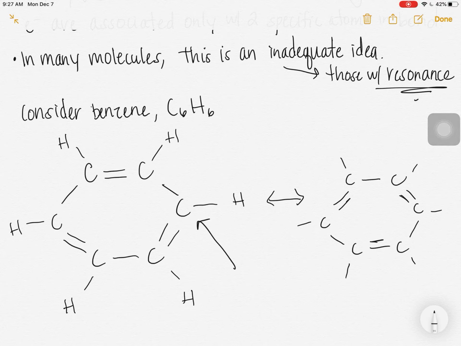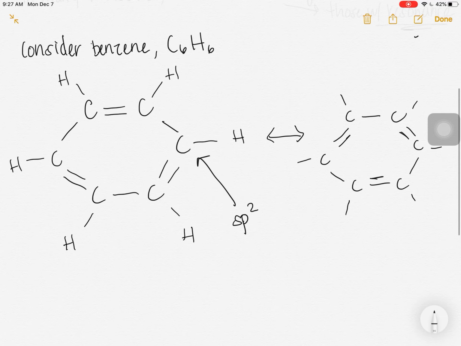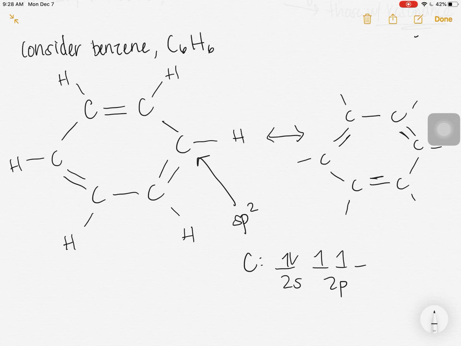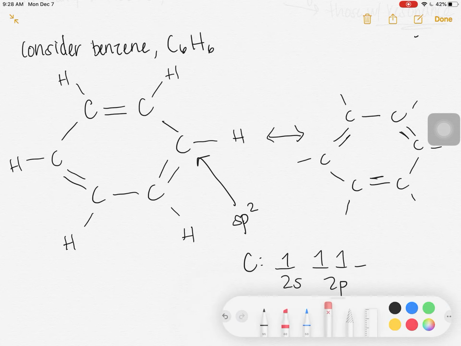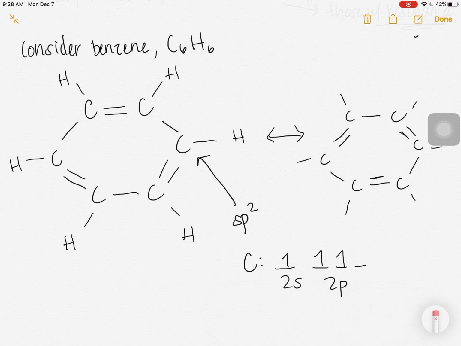Keeping that in mind, something we want to talk about is the hybridization of each carbon. Each carbon here has 3 electron domains, so every carbon in benzene is sp2 hybridized. Sp2 hybridization would mean carbon, who normally looks like this, but we know has gone through a promotion.